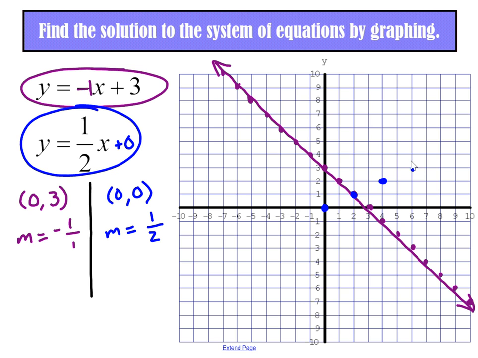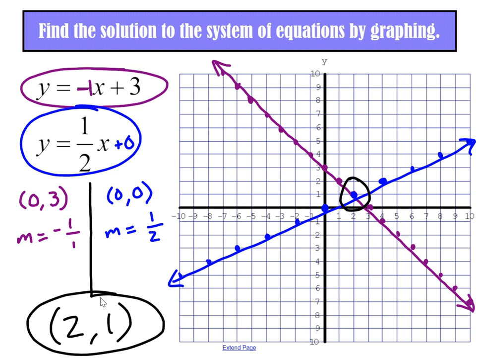Do the same thing backwards, making a straight line. And once again, my graph actually crosses right there, which what is that coordinate? That coordinate is 2, comma 1. Move on to our next problem.